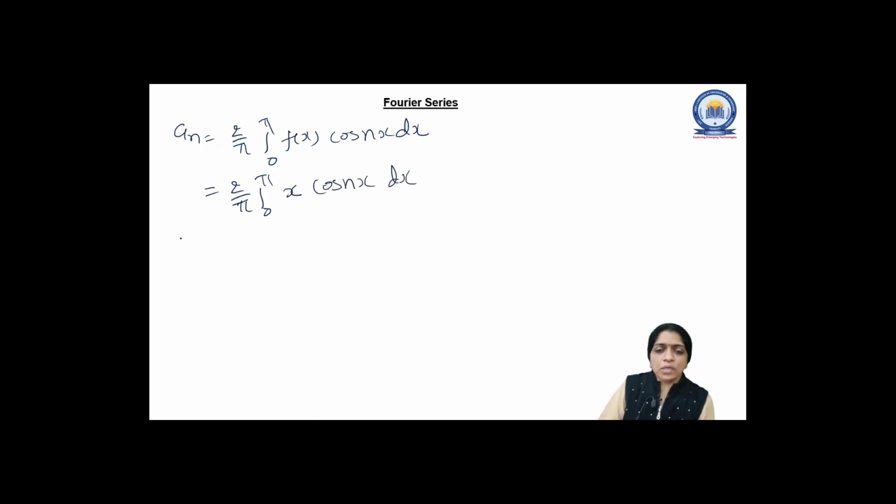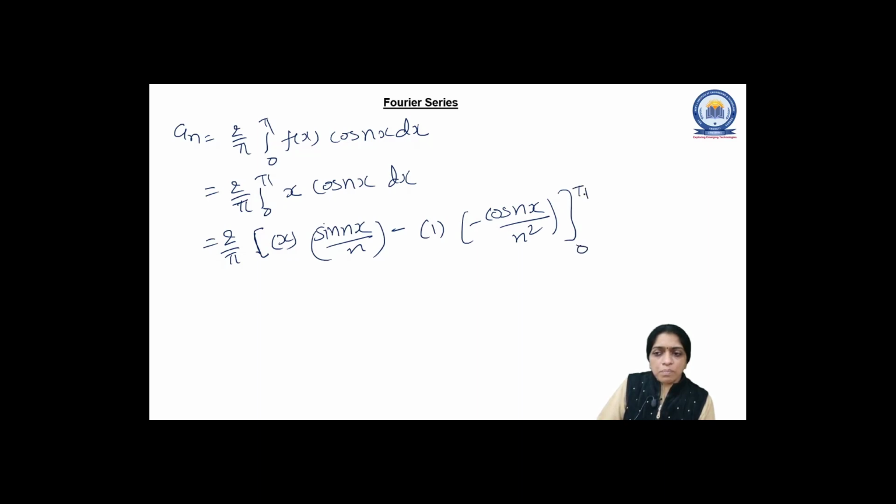Now we are going to apply the rule of integration of uv, that is here x, keep it same. Integration of cos nx is sin nx upon n, minus the derivative of x, which is 1, times the integration of sin nx, that is minus cos nx upon n square, and the limits are 0 to pi.